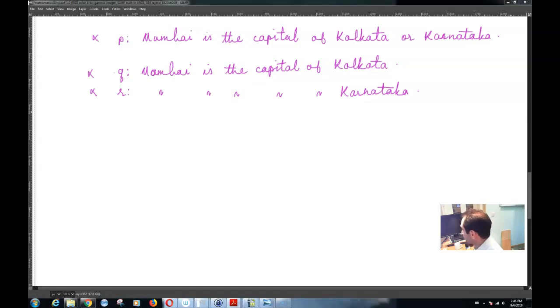Another example that we have here: we want to identify the type of OR used in these statements, and then check whether the statements are true or false.